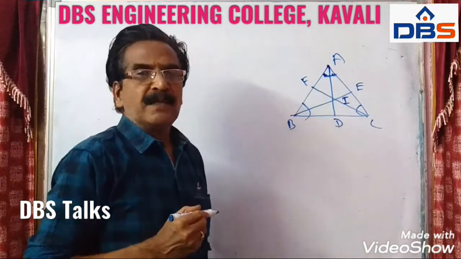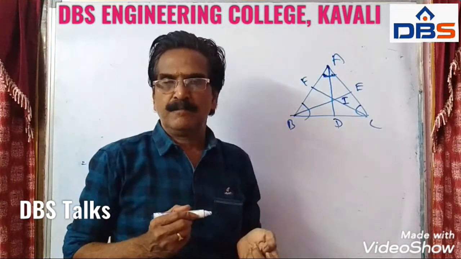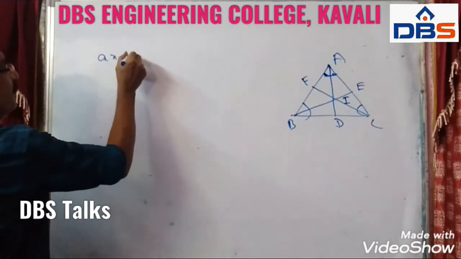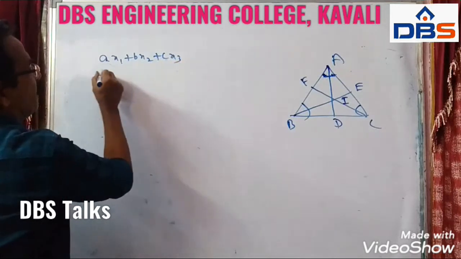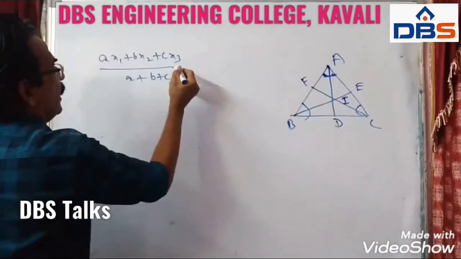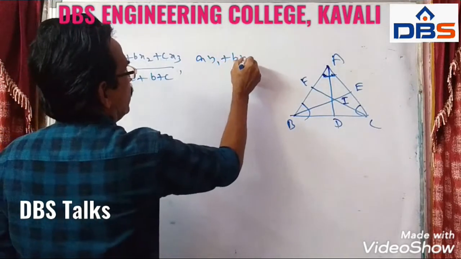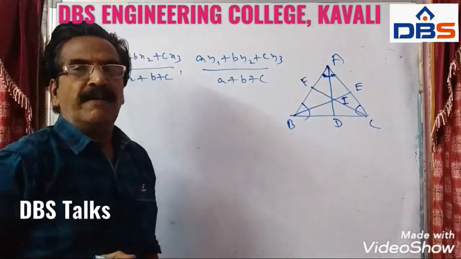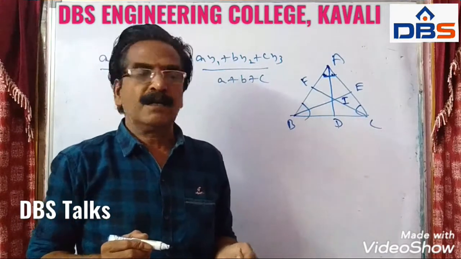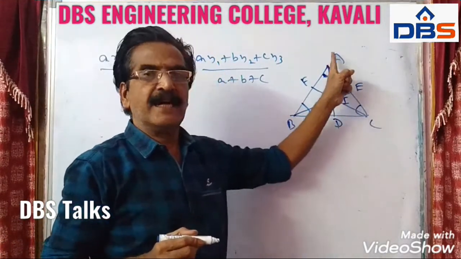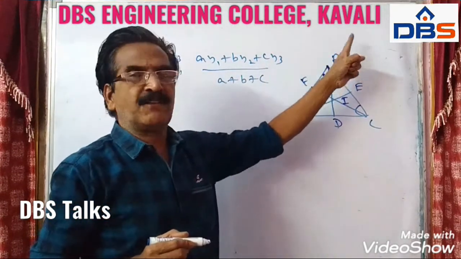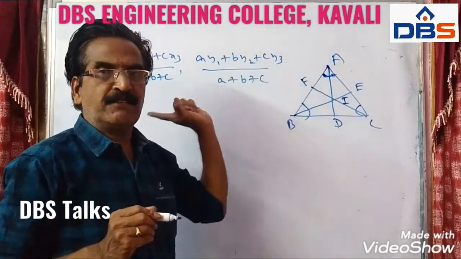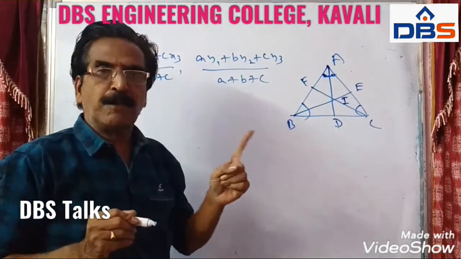That is I. So the coordinates of I, as you know, are (ax1 + bx2 + cx3) / (a + b + c) and (ay1 + by2 + cy3) / (a + b + c), where small a, small b, small c are the lengths of BC, CA and AB, and (x1, y1), (x2, y2), (x3, y3) are the coordinates of A, B, C. We know x1, x2, x3, and we know small a, small b, small c.